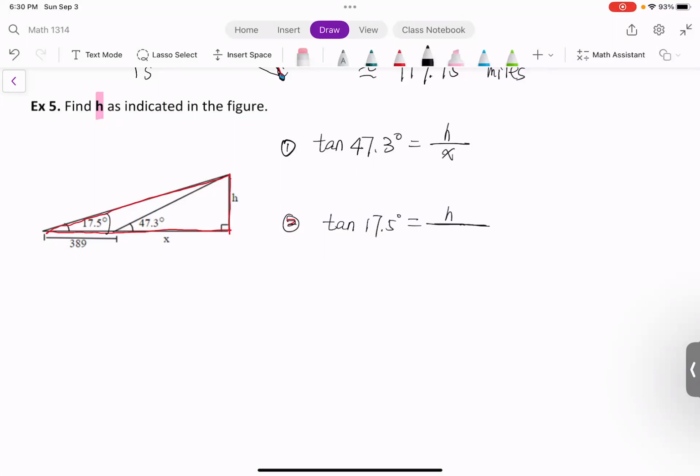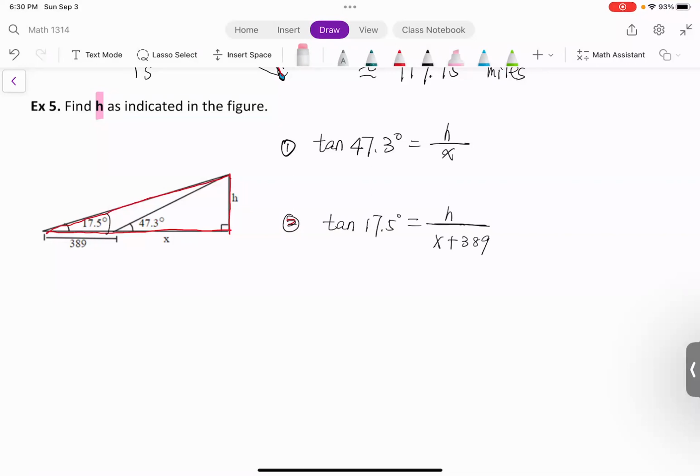Opposite is h, adjacent is the sum of these two numbers, that is x plus 389. All right, from these two equations, can you solve for h?